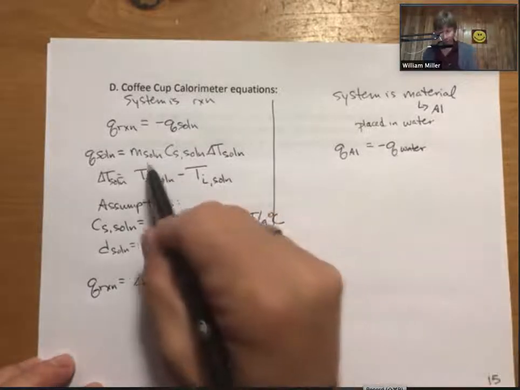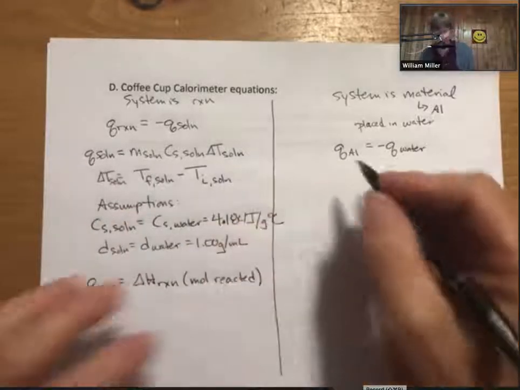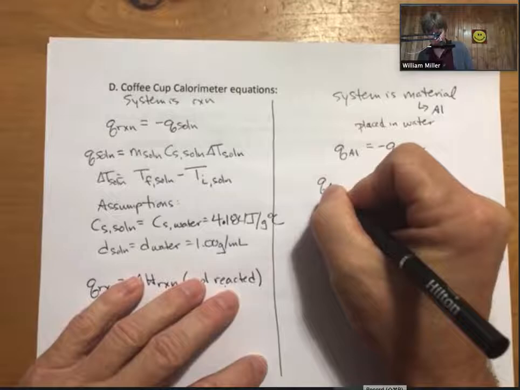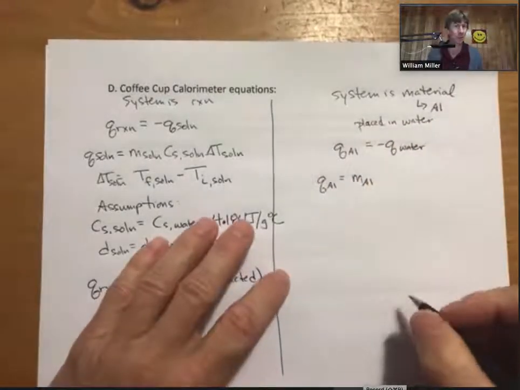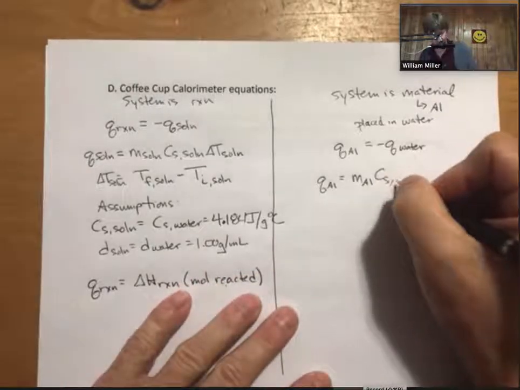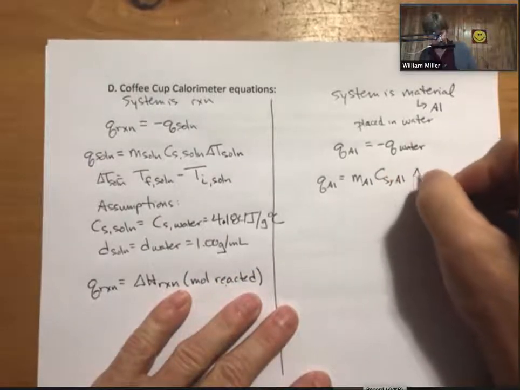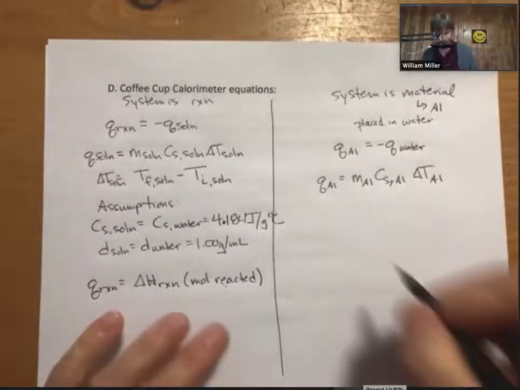They will both have identical terms to this solution part over here, meaning that Q aluminum equals the mass of the aluminum times the specific heat capacity of the aluminum times the temperature change of the aluminum.